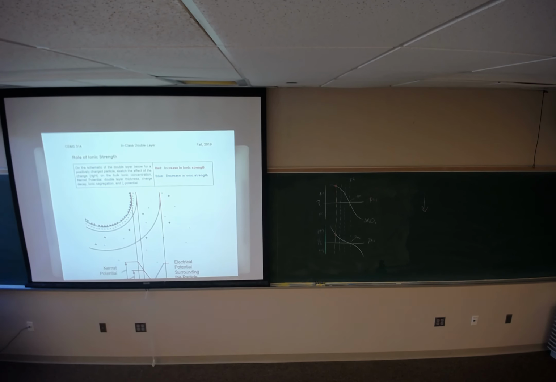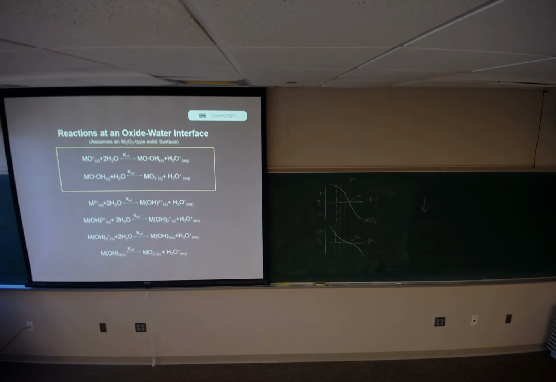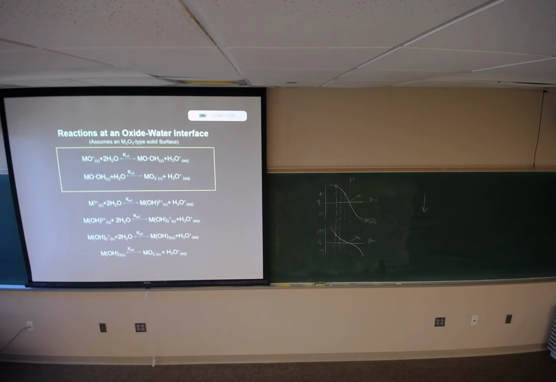The thing you should pay attention to is this here. This tells you the reaction on the particle surface, how that particle surface reacts with water in the presence of acid or base. This is just the chemical reactions at the surface of the particle. There is no ionic strength information incorporated into these reactions.